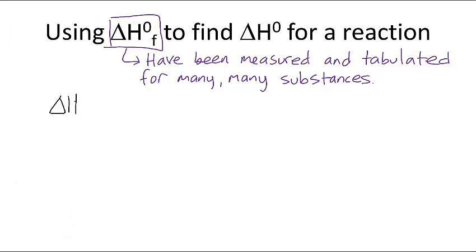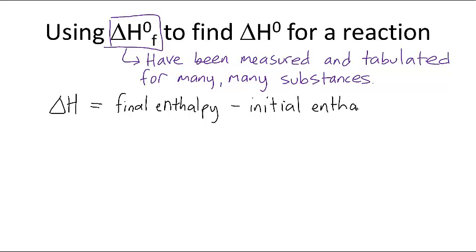Delta H is going to be final enthalpy minus initial enthalpy. The final enthalpy is just going to be the sum of the heats of formation of all the products. And the initial enthalpy is the sum of the heats of formation of all the reactants.